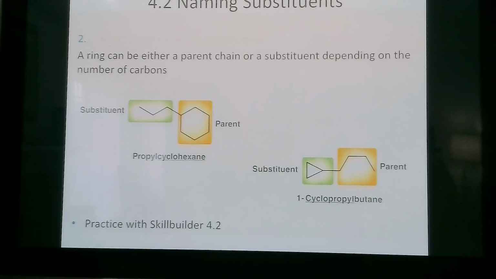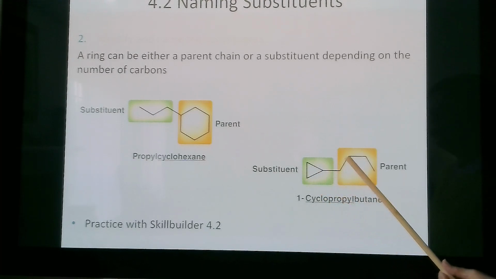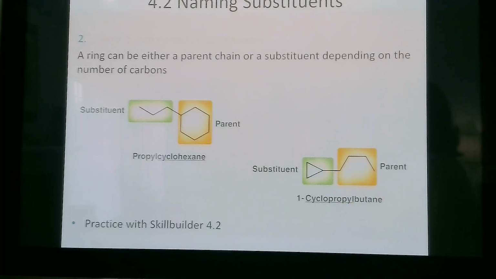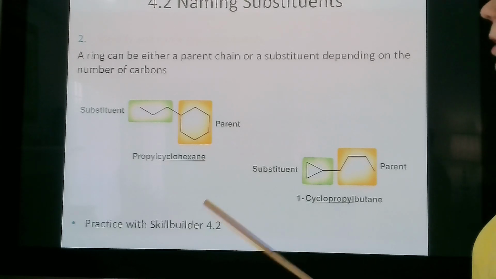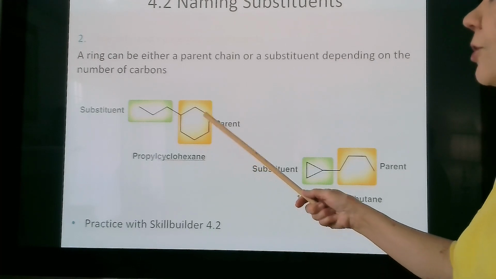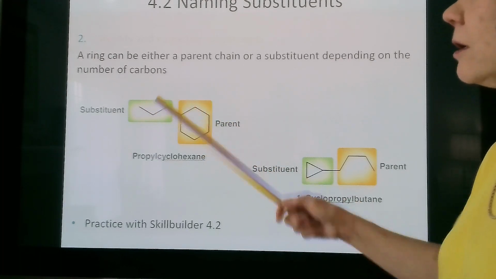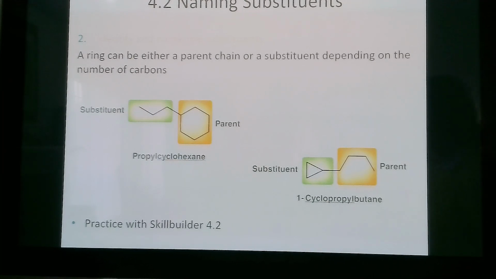If you had a situation in which the number of carbons in the cyclic part is equal to the number of carbons in the acyclic part, then you will name it like this one, where the cyclic part is the parent chain and the acyclic part is the substituent.